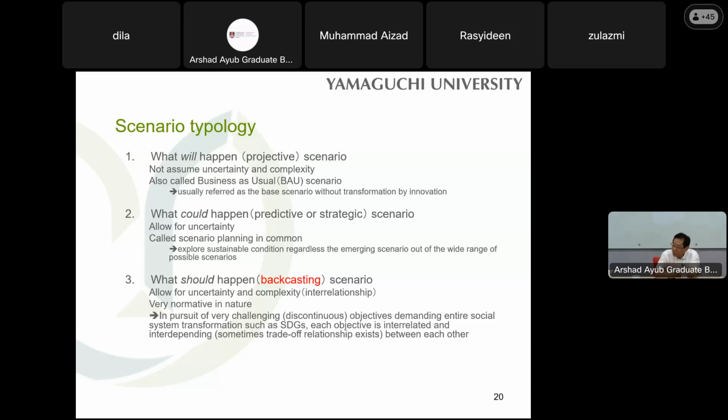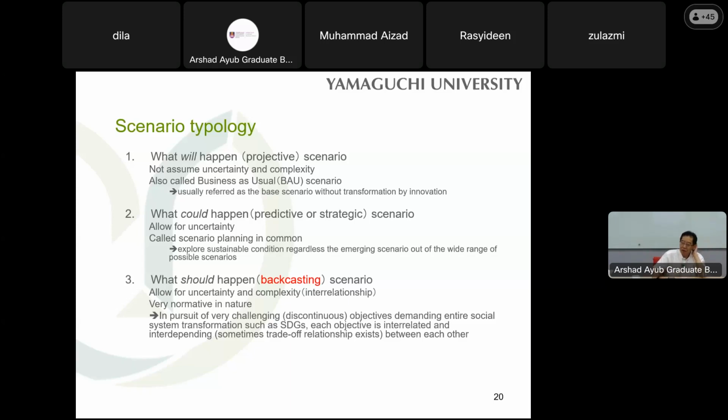For instance, for practical reasons, we believe achieving the SDGs is ideal, but it's just a matter of consensus. There is no evidence supporting it. So this scenario pursues very challenging objectives demanding entire social system transformation, such as the SDGs.